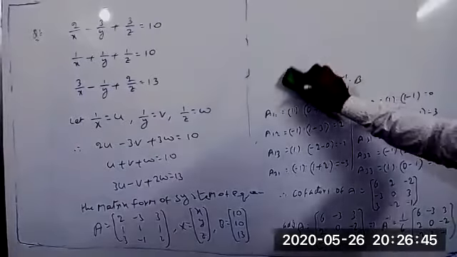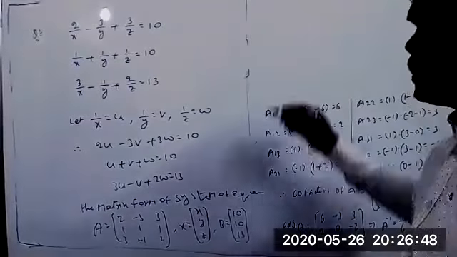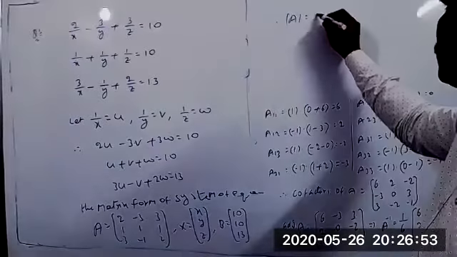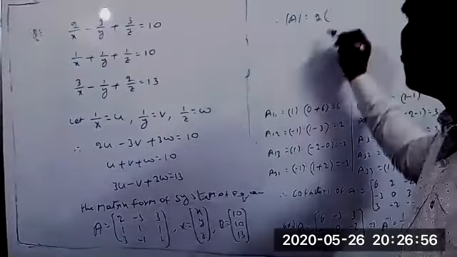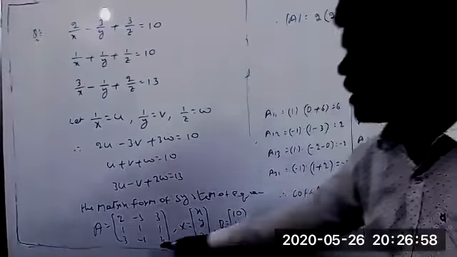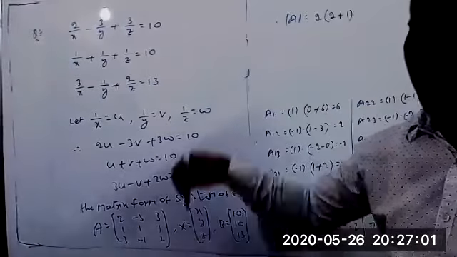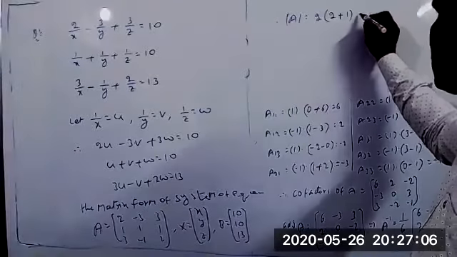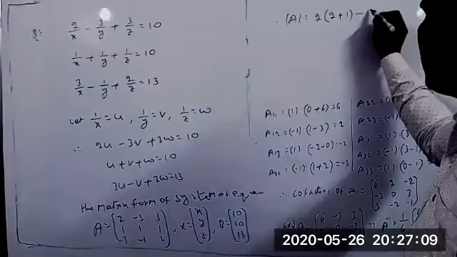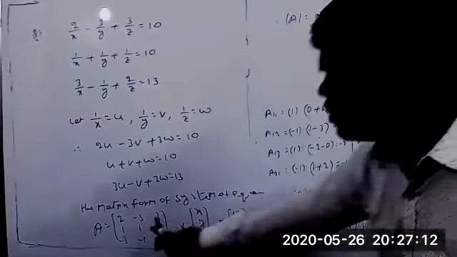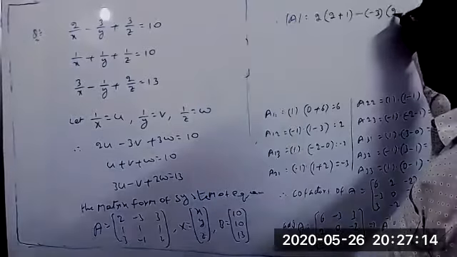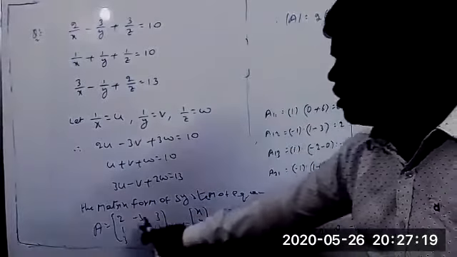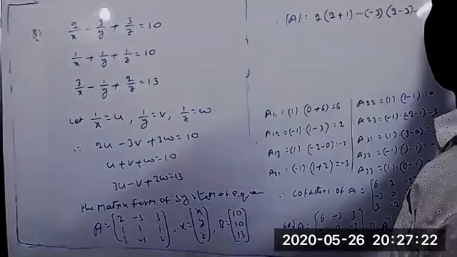Now find the determinant. The determinant of A equals 2 into (1 into 2 plus 1), because minus 1 into 1 is minus 1, but the formula already has a minus, so minus into minus 1 equals plus 1. Next, minus of minus 3 into (1 into 2 minus 3), then plus 3 into (1 into minus 1 minus 1 into 3).